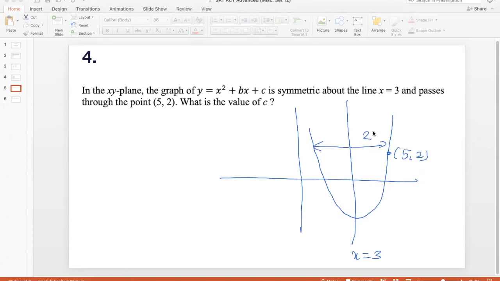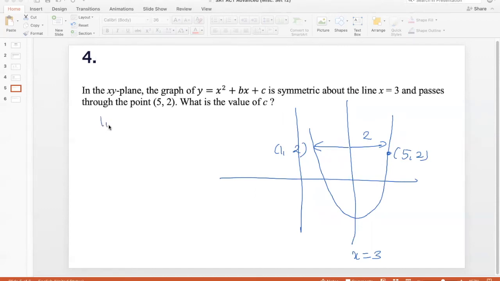So which means that 3 minus 2, 1. So (1, 2) will also lie on this parabola because the graph is symmetrical about x equal to 3. So now I have 2 points on the parabola and I have 2 unknowns. So I can substitute these values to find b and c.